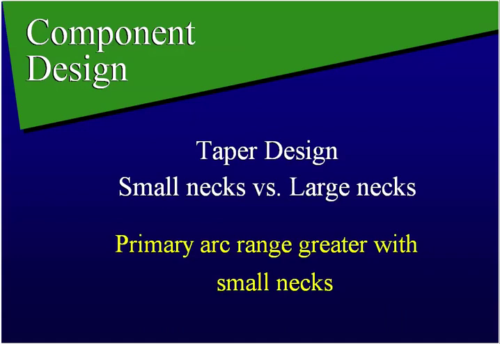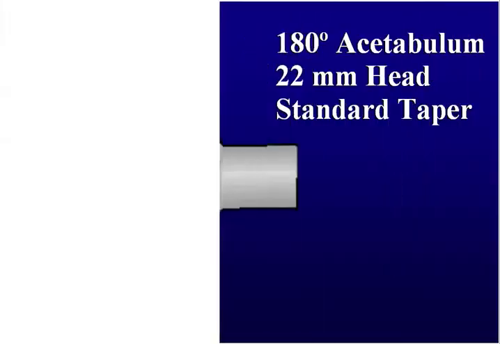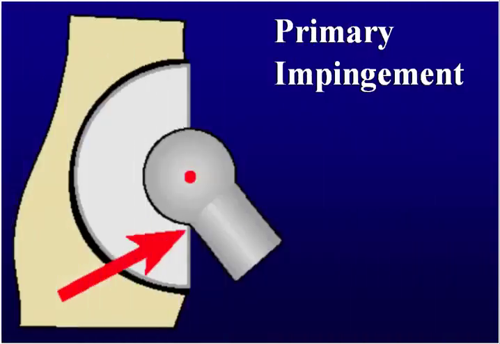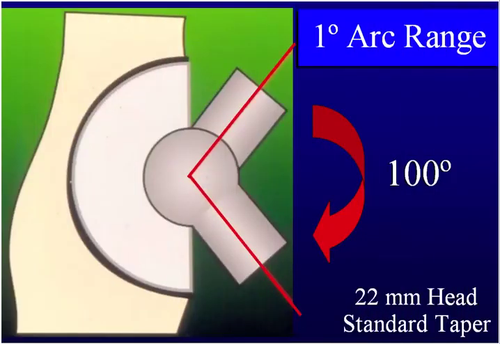So putting this together, here's your diagram. You have a 180-degree cup, 22-millimeter head, standard taper. You take it through a range of motion, and you have an impingement on one side. You take the hip to the other side, and that's the other impingement. That arc is your arc range. So with a 22-millimeter head, typically your arc range is around 100 degrees.